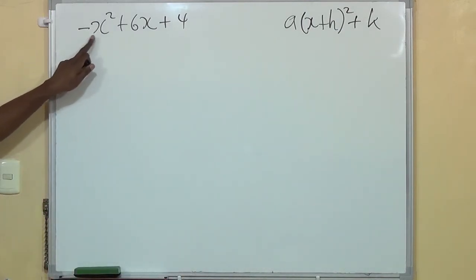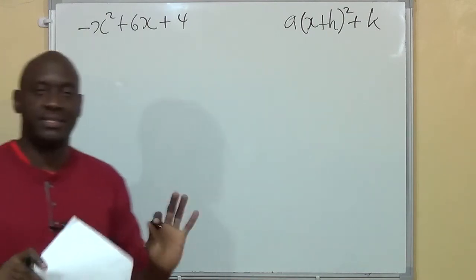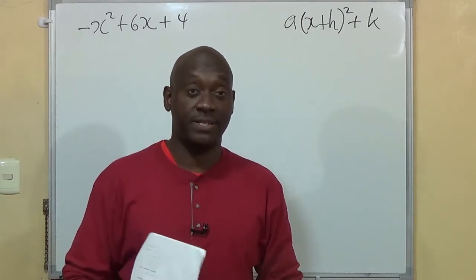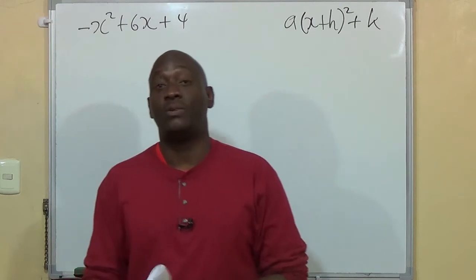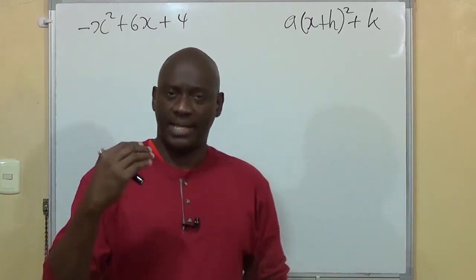We have minus x squared plus 6x plus 4. So the first thing we do, and this procedure will appear in this series of videos for the first time, but from here on in, it will feature very, very prominently. Alright, so I want you to pay careful attention.